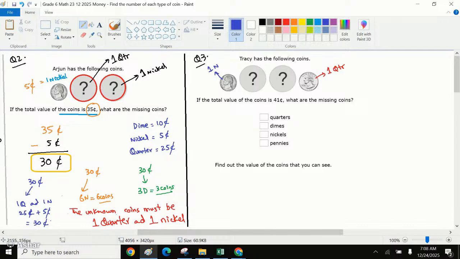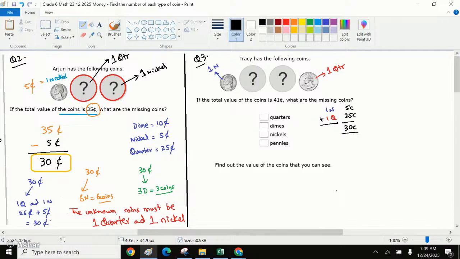So what is the total amount that is given to us? We can say 1 nickel plus 1 quarter should be equal to, this was 5 cents, this was 25 cents. The total should be equal to 30 cents, right? That means we already have 30 cents with us. Okay?